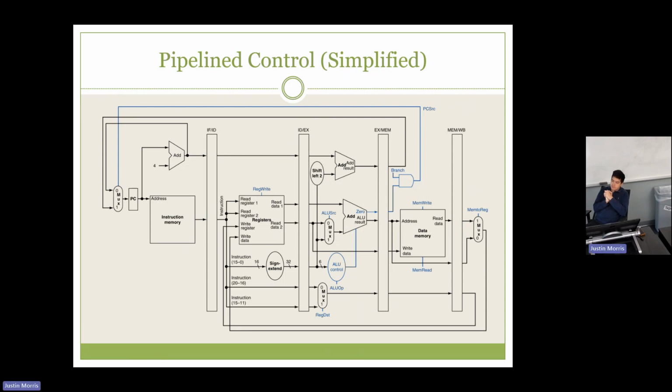In the decode stage. Why the decode stage? Because the execution is the first one that actually uses the control signals. That's true, but the one right before it is the one where you'd save it, and then it'd matter for the next one.